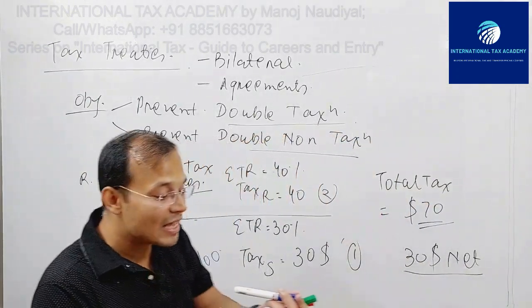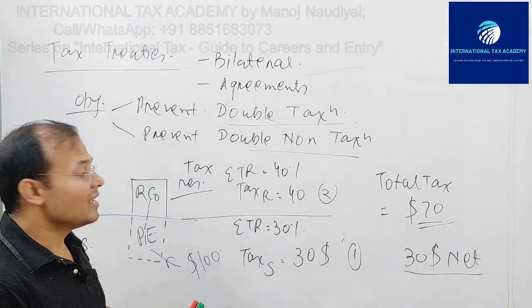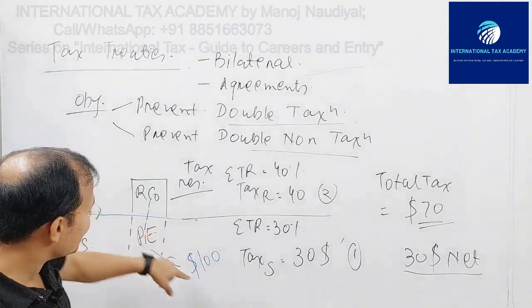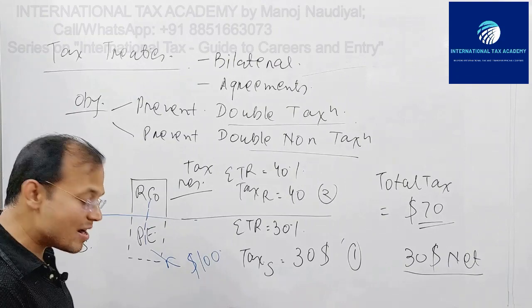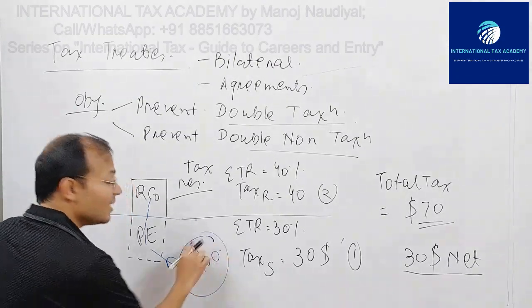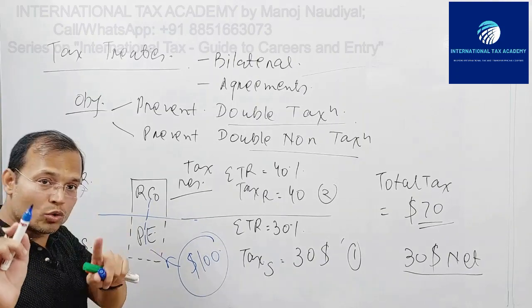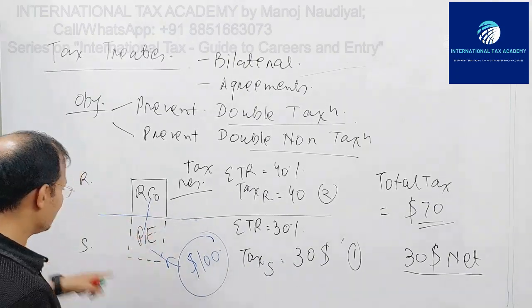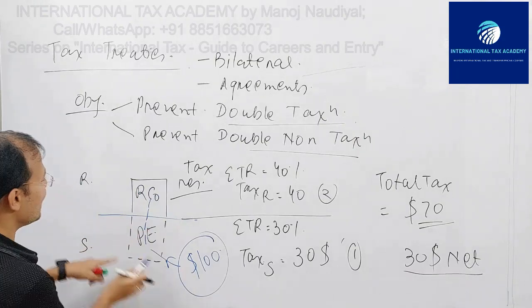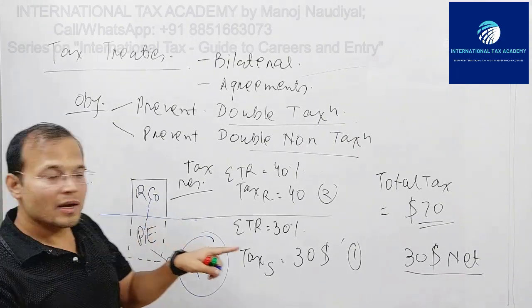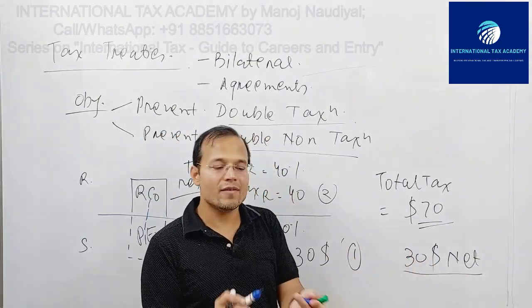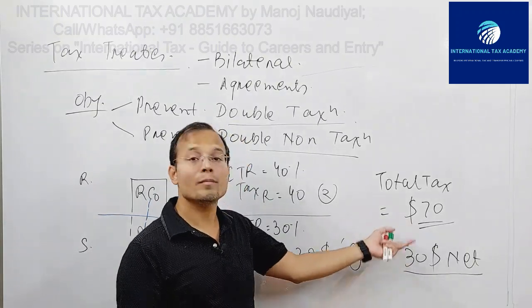This is the example of double taxation. The same income, this $100 of income, is getting taxed twice by two sovereign authorities, that is the tax authority of S as well as the tax authority of R, leaving only a very small amount post tax.